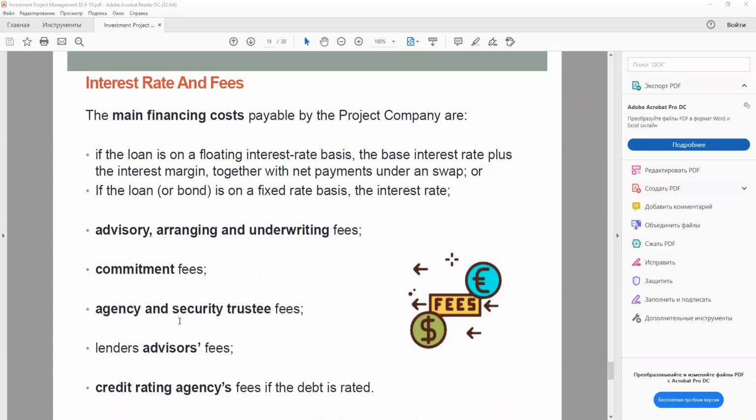Or if a loan or bond is on a fixed basis, an interest rate and advisory, arranging and underwriting fees, commitment fees, agency and security trustee fees, lenders' advisors' fees, and credit rating agency fees if the debt is rated. Let's discuss it in detail.